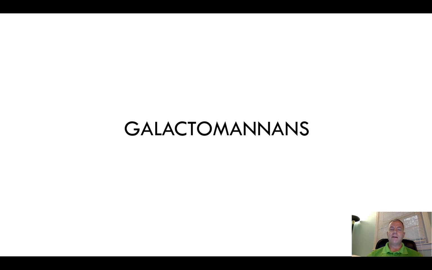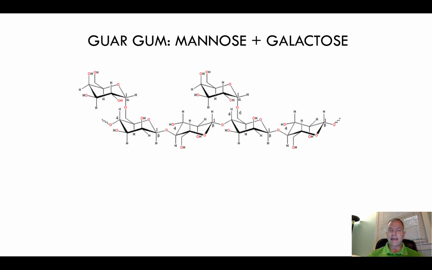All right, so let's talk about the Galactomannans. Mannose and galactose make up what we call Guar gum, and so you can see that this is a beta bonded molecule, and we have a number of side groups attached here as well.